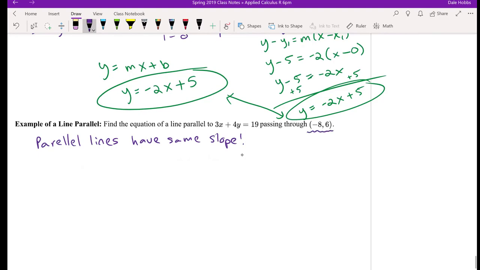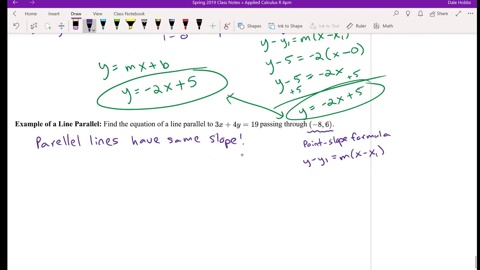So for the point slope formula, remember that's y minus y1 equals m times x minus x1. Point slope, you only need a point and a slope. Well, we have the point, negative 8, 6. We want it to pass through negative 8, 6, but we want it to be parallel to that other line. So all we need is a slope.